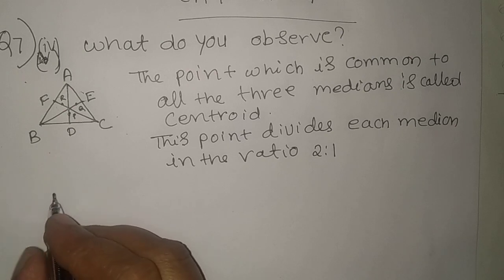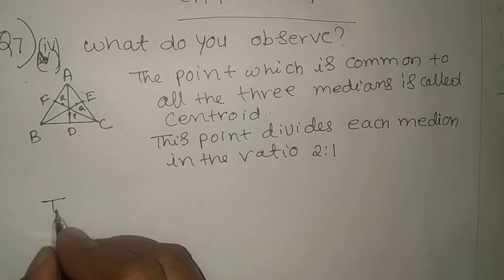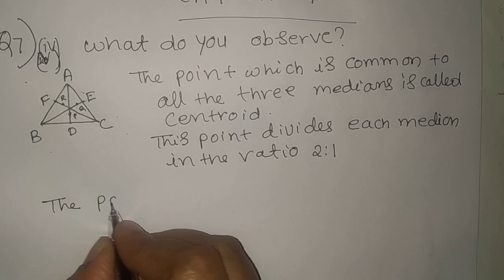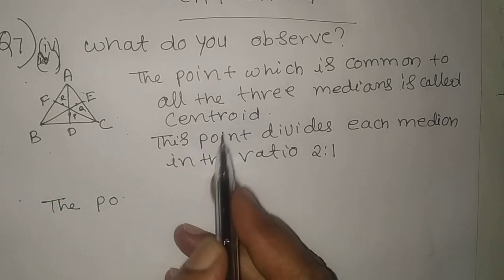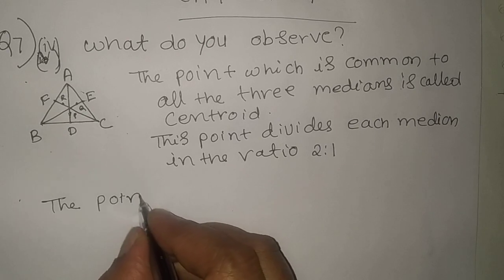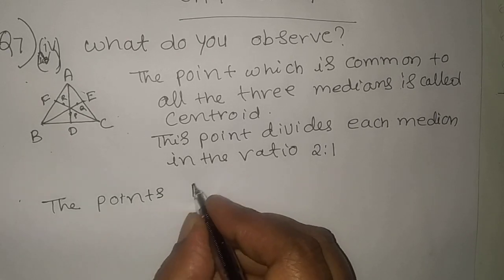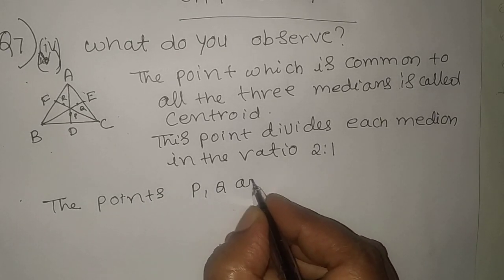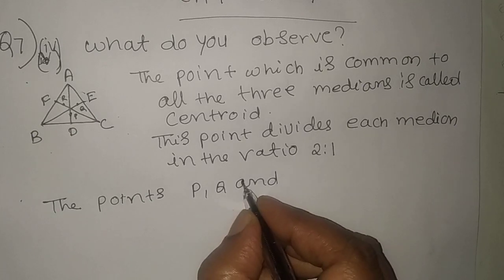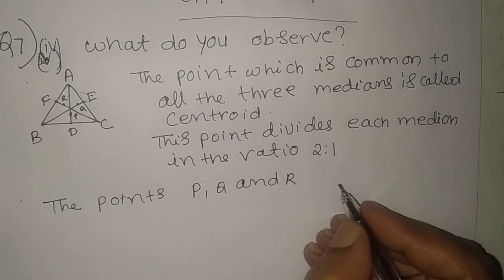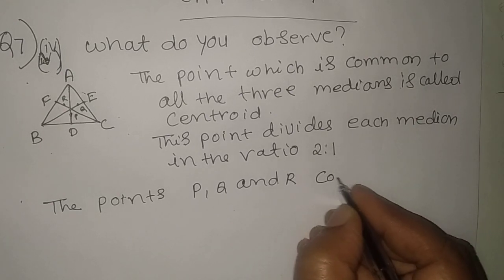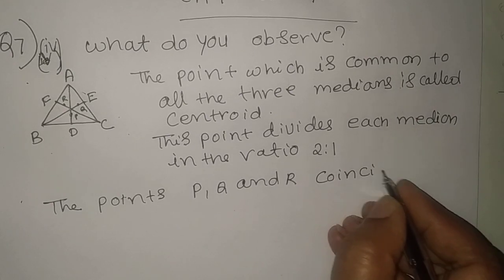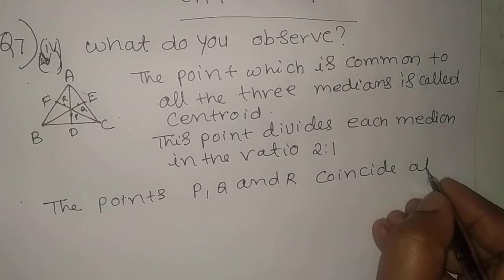So we observe that the points, I'll write this is the answer to this question, and this is just a note. The points P, Q and R coincide at the point.